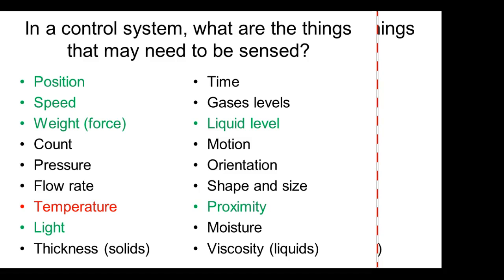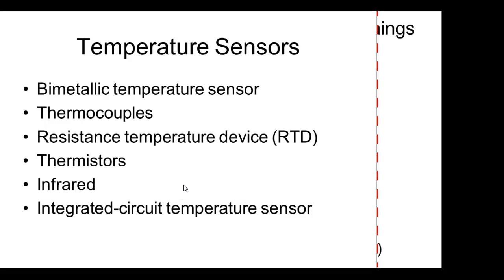Of course, food process plants do a lot of cooking and freezing, and they have to maintain pretty constant temperature to meet health requirements. The types of temperature sensors we'll look at are bimetallic temperature sensors, thermocouples, RTDs, thermistors. Infrared is becoming pretty popular too, and the integrated circuit temperature sensor.